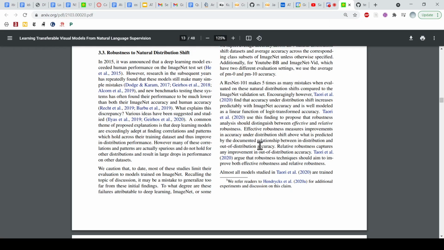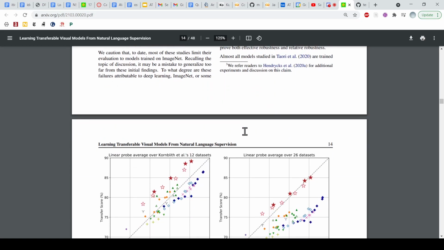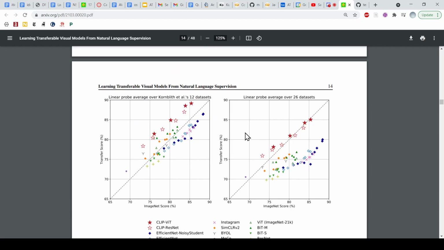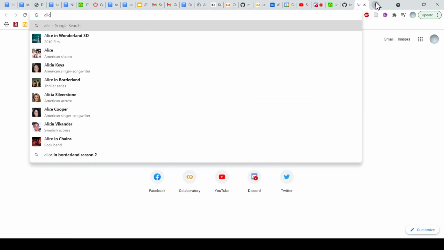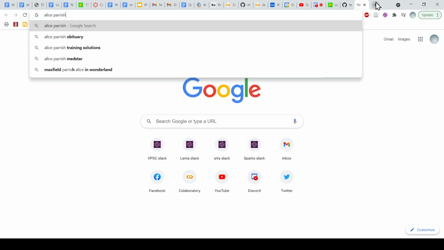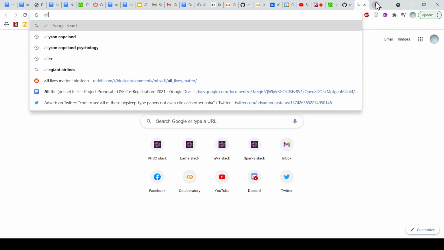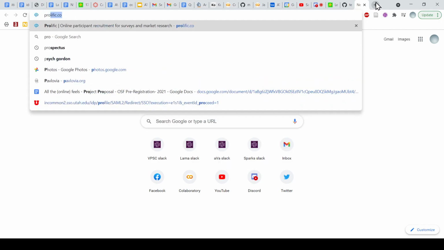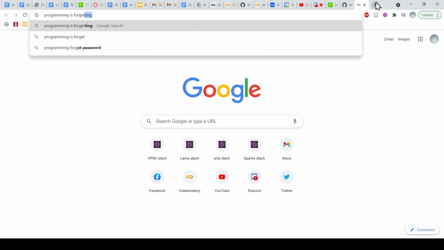Yeah, sometimes it's a downer to talk about because we've got to either find ways to use less data, or find ways to use data that is better, no matter what data you're training on. There's this really cool talk by Alison Parrish. I gotta find it because this is so good. Programming is forgetting.